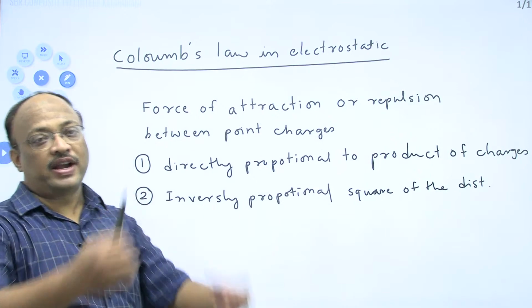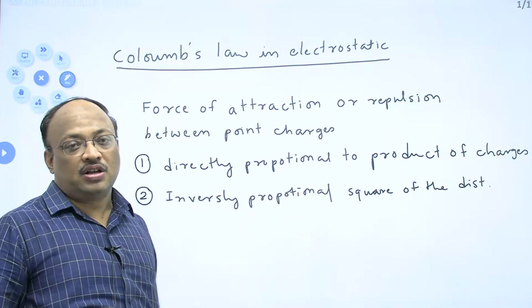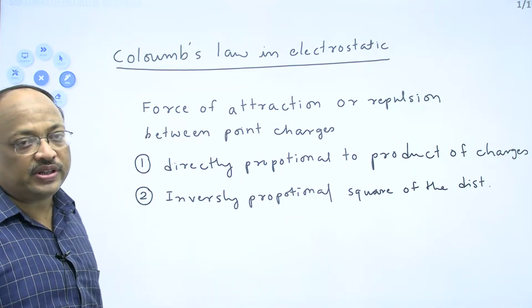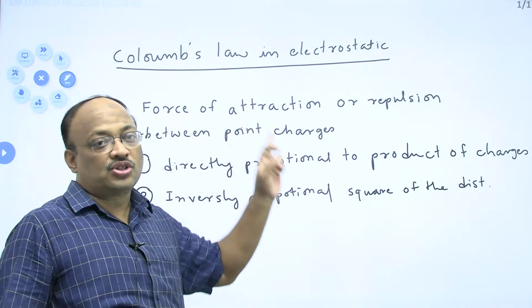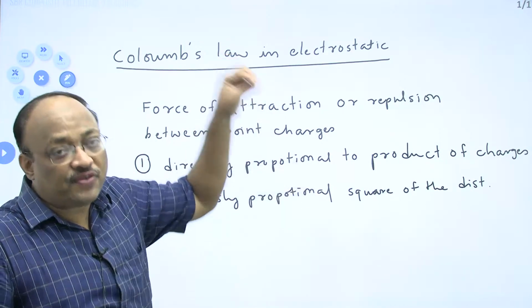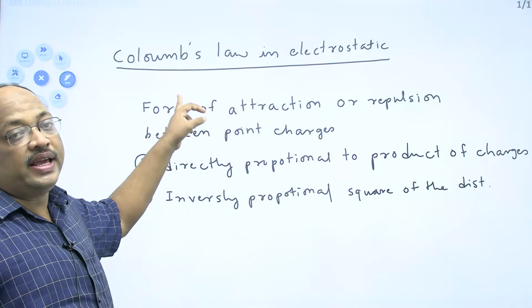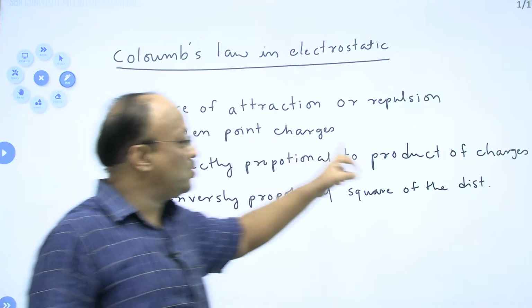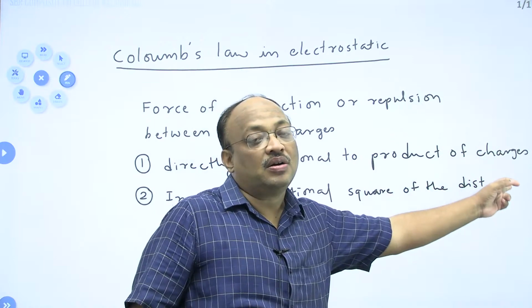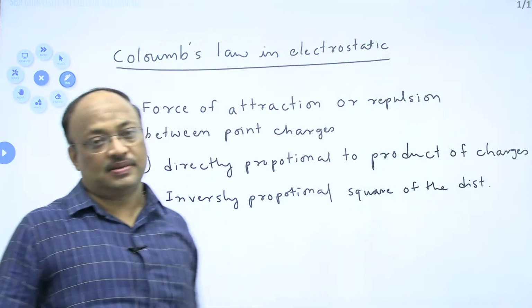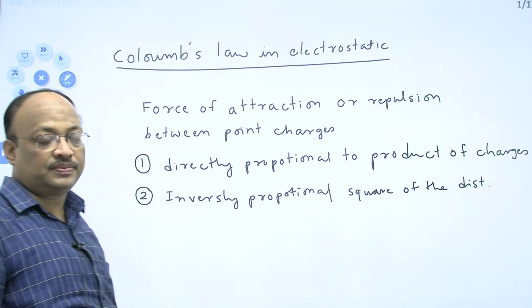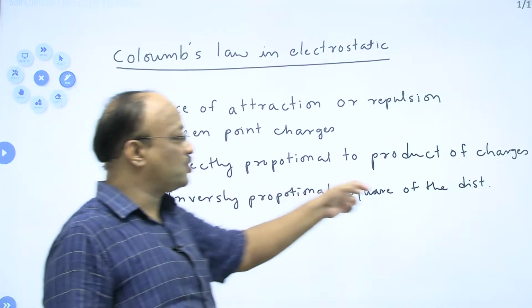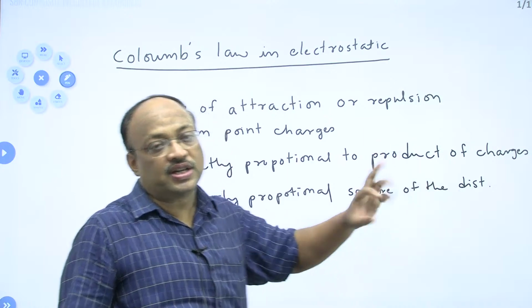In Newton's gravitational law, we find the gravitational force of attraction between two masses. That force of attraction, which is only attraction there, is directly proportional to the product of the point masses and inversely proportional to the square of the distance between them.